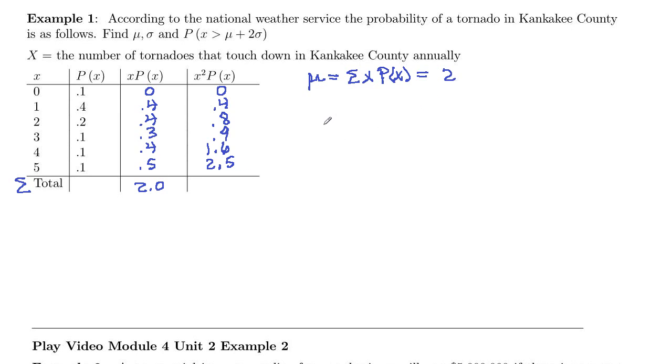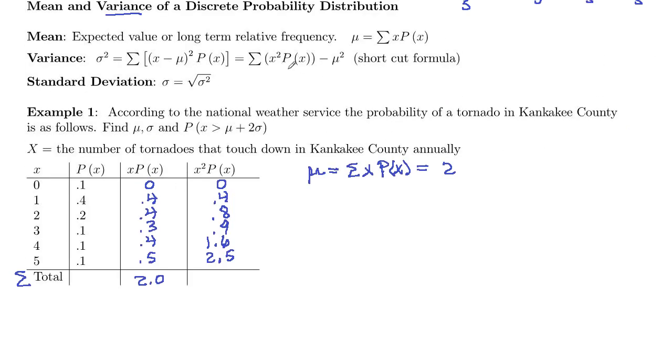All right, so now we have to find our x squared probability of x, sum that up, and subtract off the mean squared. That'll give our variance. If we sum these up, let's see here, 1.6 plus 0.4 is 2, and another 1.7, 3.7, 5.7, that's going to be 6.2.